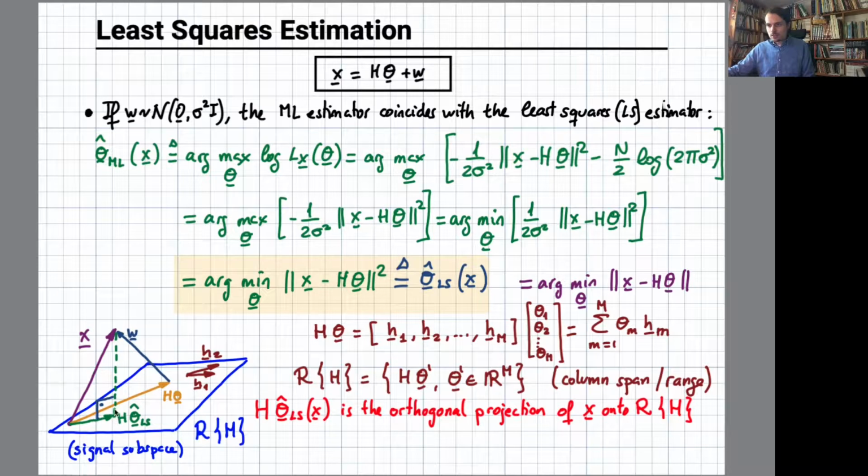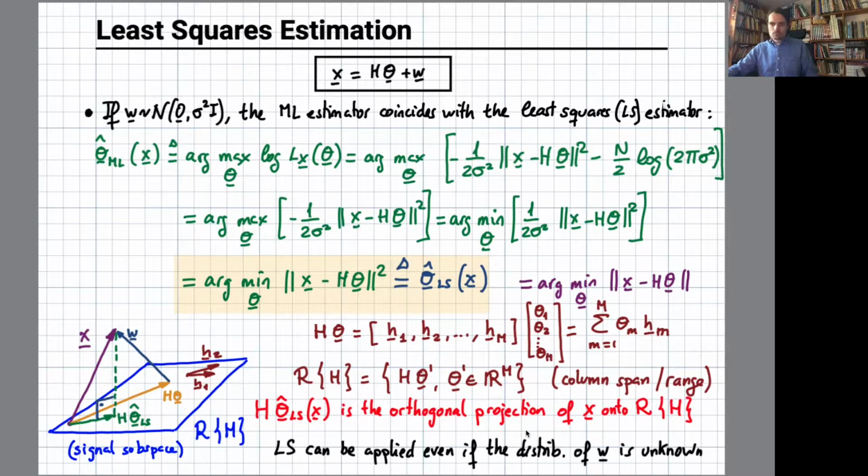So since this straight line is perpendicular to the plane, we typically refer to this point as the orthogonal projection of this point onto the signal subspace, right? So this is a beautiful interpretation, of course, which always applies to least squares, but in this case, additionally, it applies to the ML estimator, because as we said, the noise is Gaussian, and both estimators coincide.